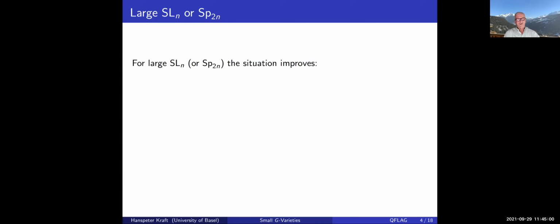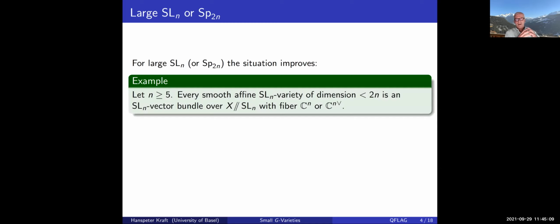Interestingly, if we make n large, as mentioned before, the situation improves. Here is a rather amazing result. Assume n is greater or equal 5, so we are at least with SLn, SL5. Then every smooth affine SLn variety of dimension less than 2n is an SLn-vector bundle over the quotient.